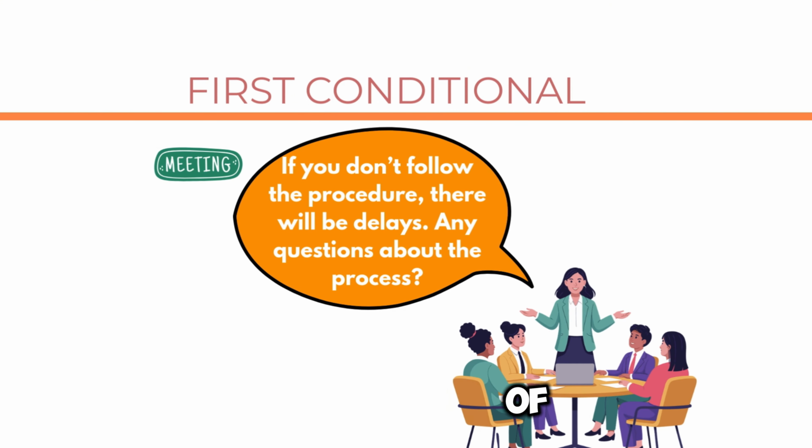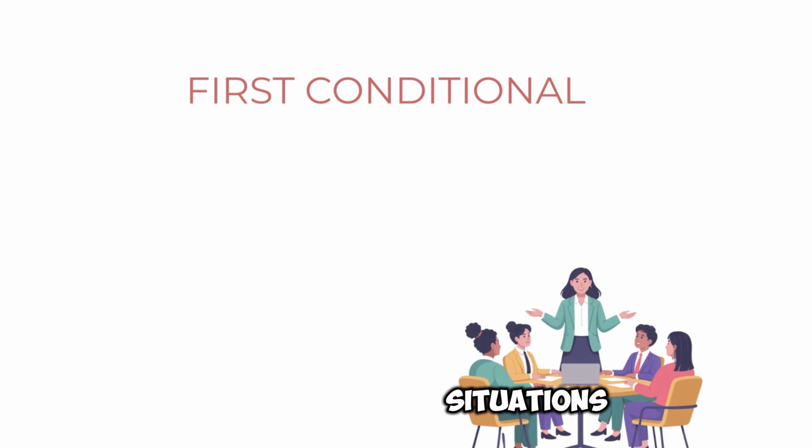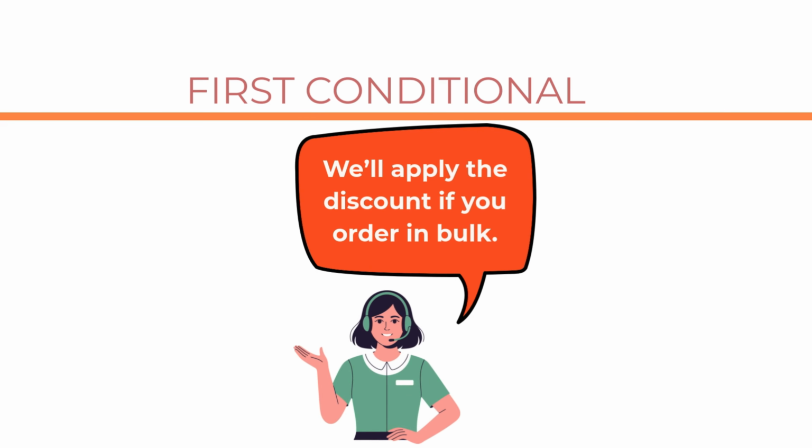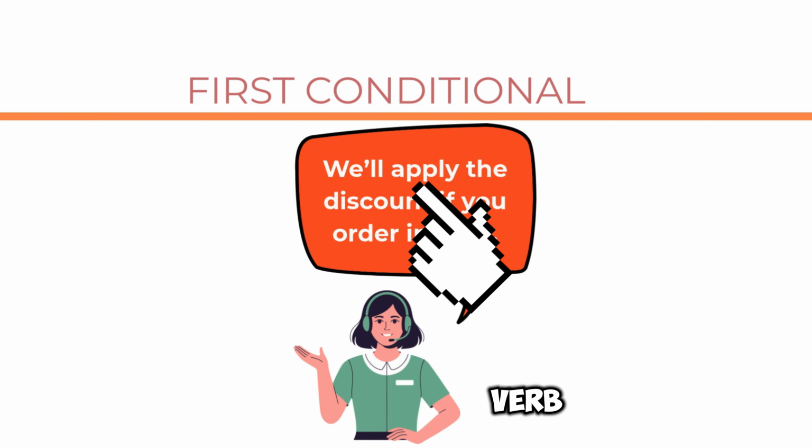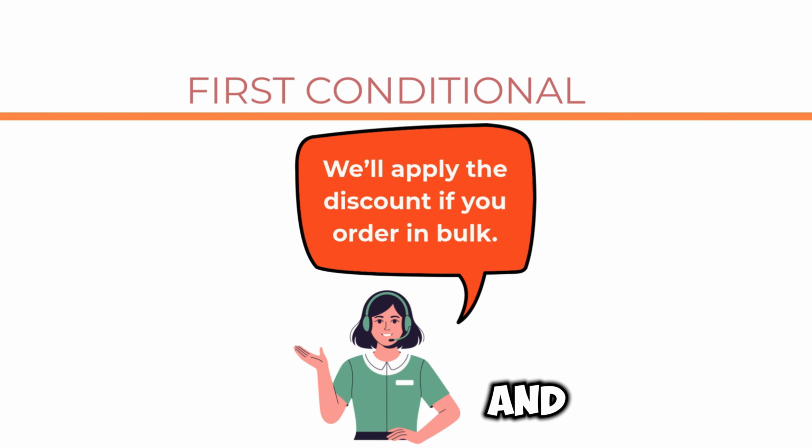This is another example of how first conditionals are used in everyday situations. We will apply the discount if you order in bulk. Will apply is the verb in the future simple tense, and order is the verb in the condition clause.